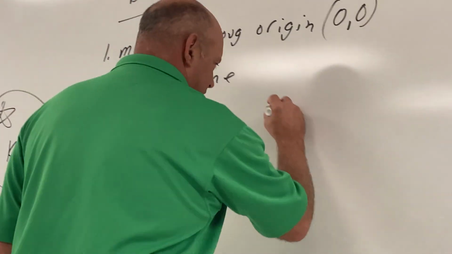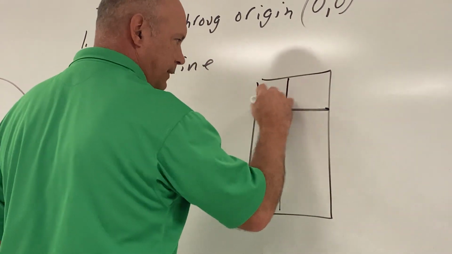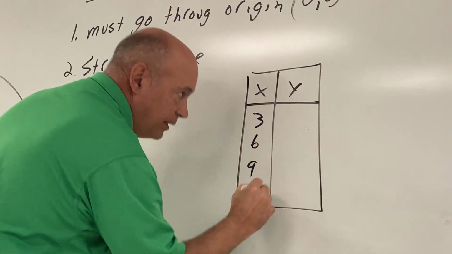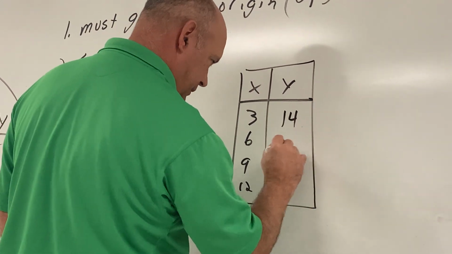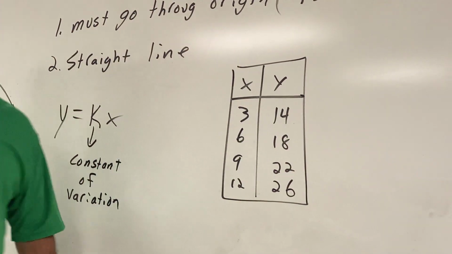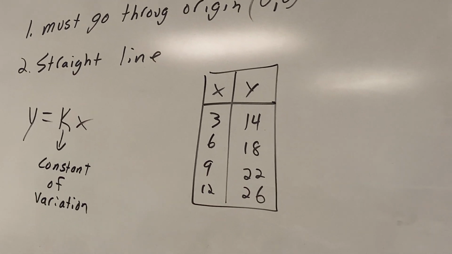They won't take long. Let's start with the table. They might ask you, is this table a direct variation?